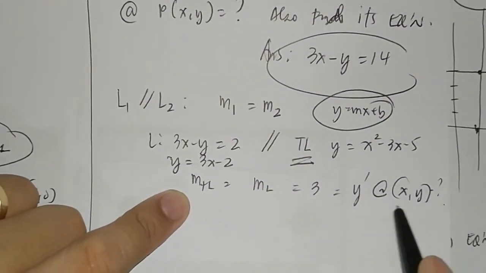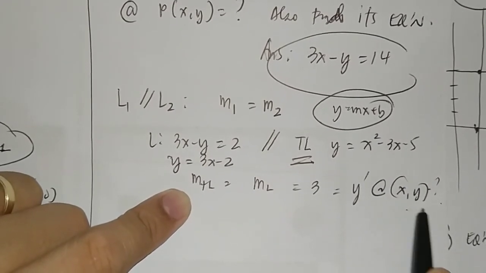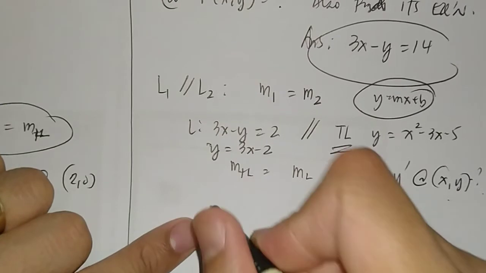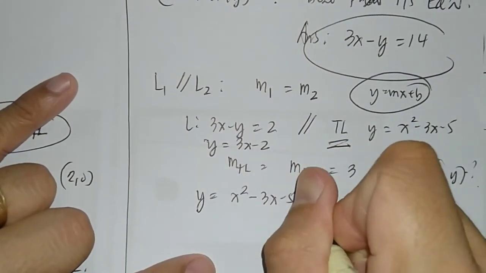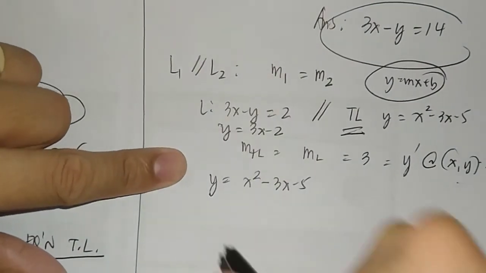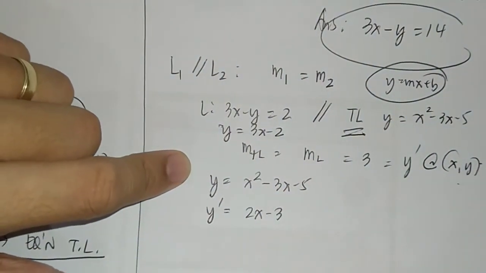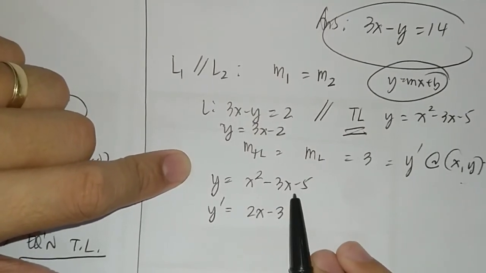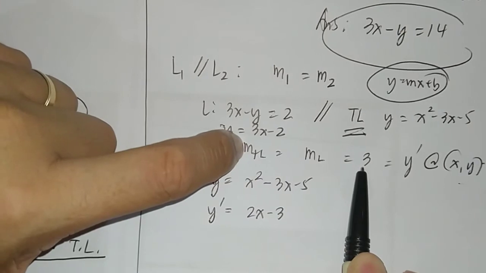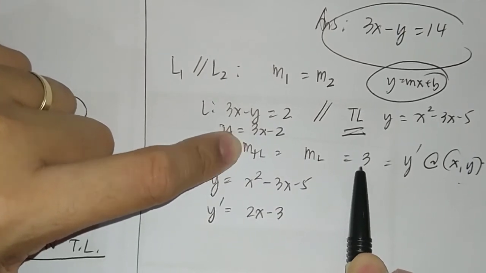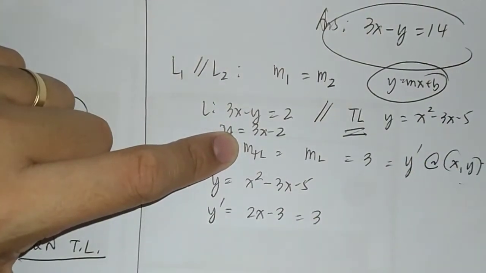But this point of intersection is unknown, so you need to get this particular value. Again, from our parabola x squared minus 3x minus 5, take the first derivative: y prime is equal to 2x minus 3. That must be equated to the tangent line slope, which is equal to the slope of the line, which is 3.